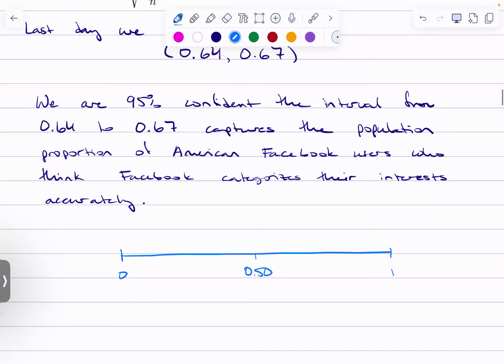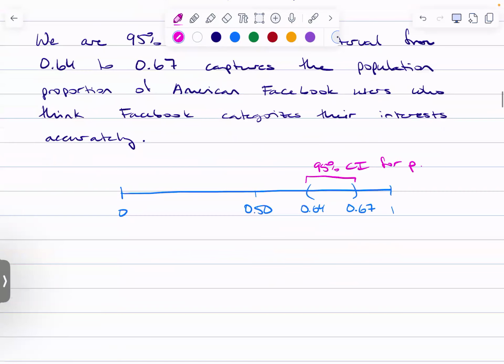And we said, I'm 95% confident that it's somewhere between 0.64 and 0.67. So here, 95% CI for P. Our null hypothesis was that P is 0.5. So here, H naught says that P is equal to 0.5.